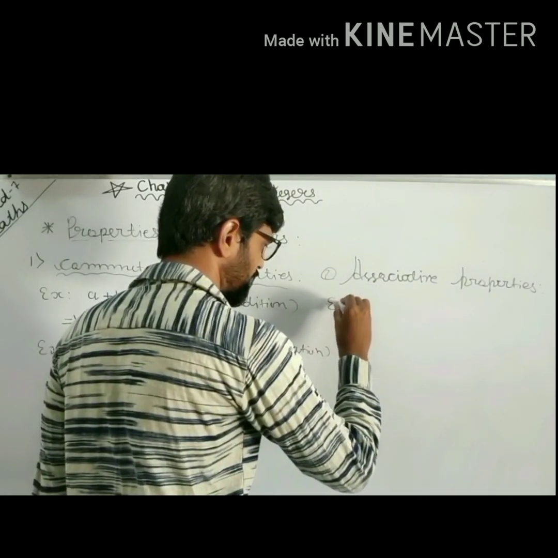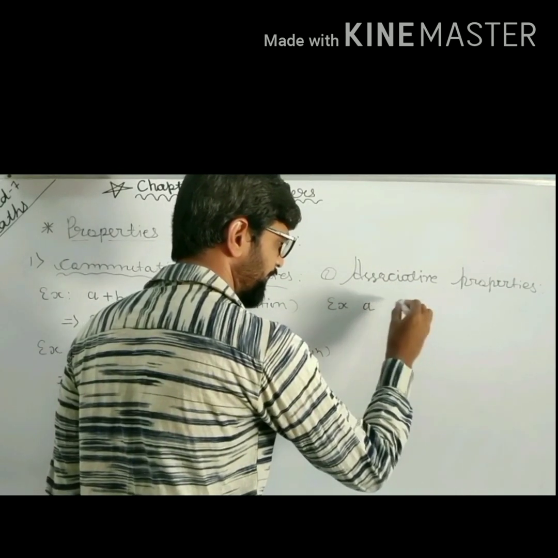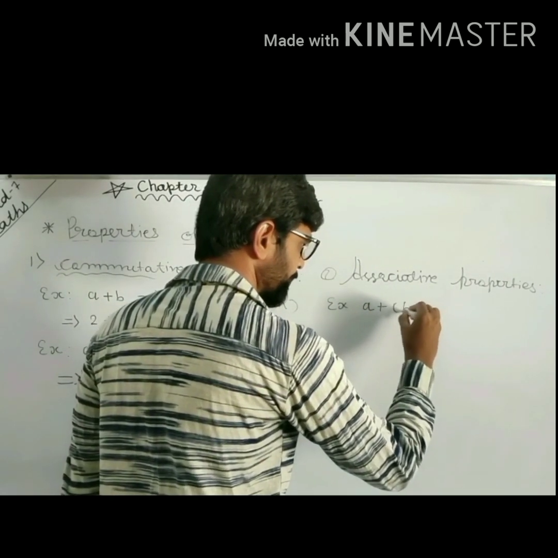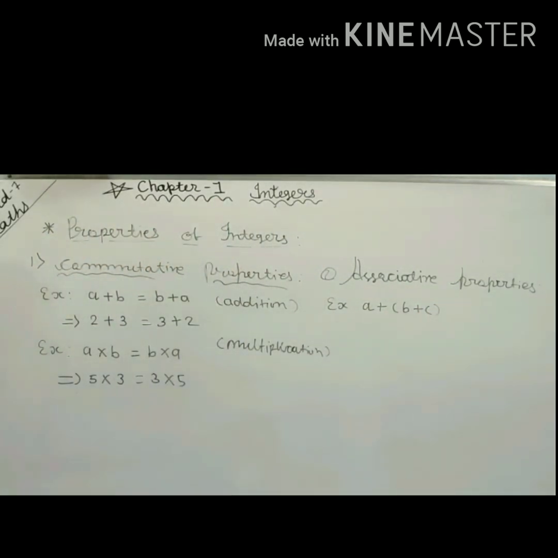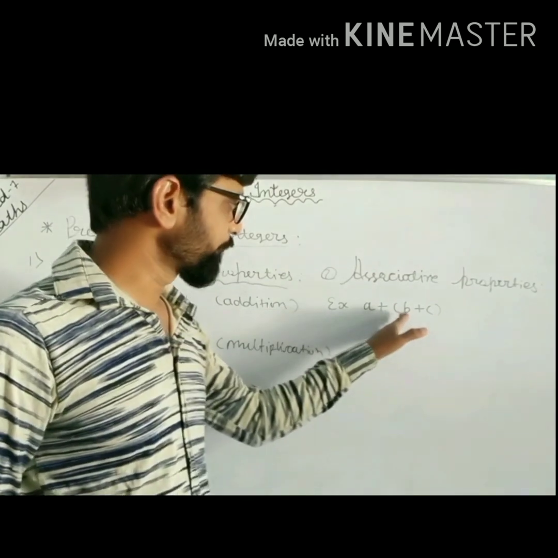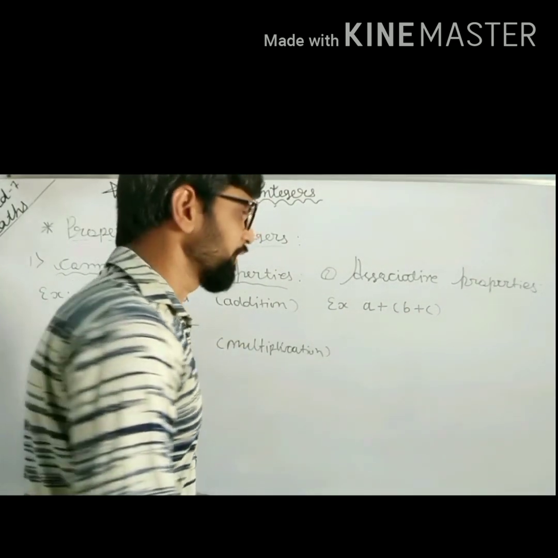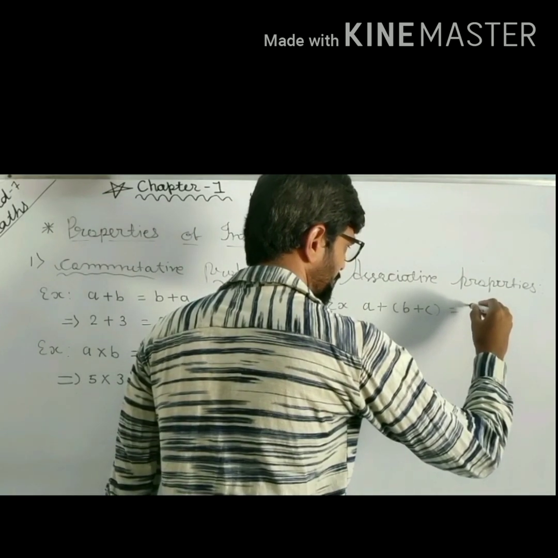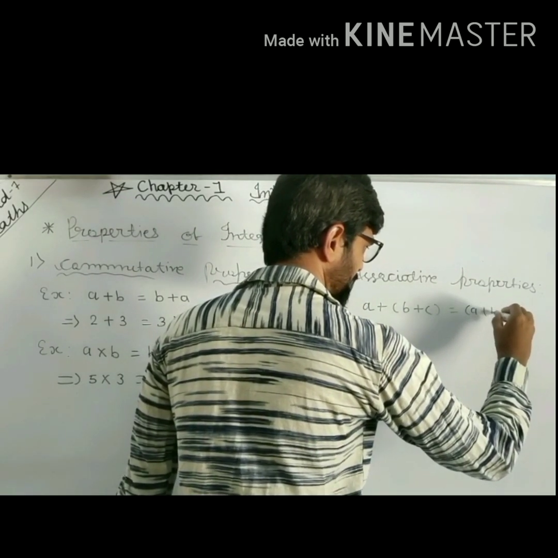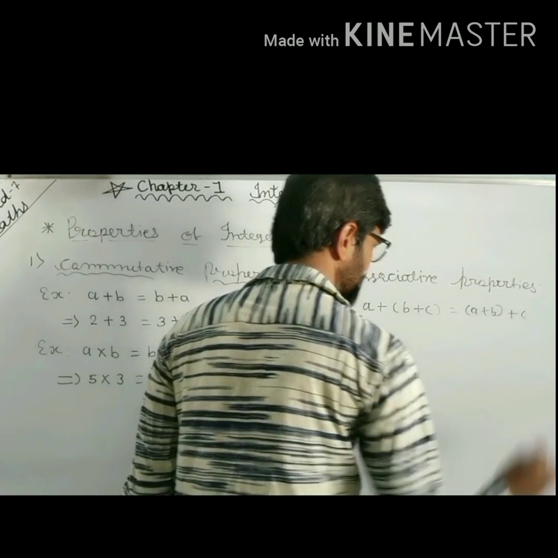The first example of addition is a plus b plus c. Here 3 integers may be given to you, then you can take them in the bracket. Now if the bracket is given behind, then you can also take it from the starting point. a plus b plus c.